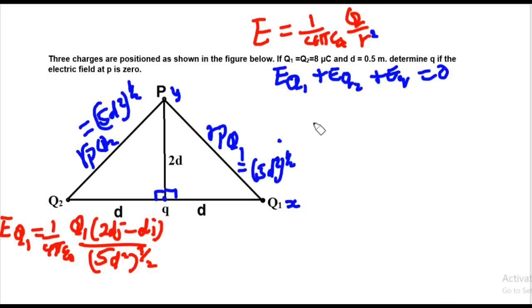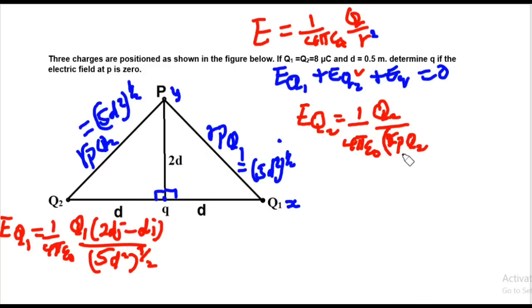So to find EQ2, which is this, we still make use of the formula following from this. I have 1 upon 4 pi epsilon 0. In this case now we have Q2 upon the distance here, we take it as RPQ2. We have to square it and we write the unit vector in this direction.